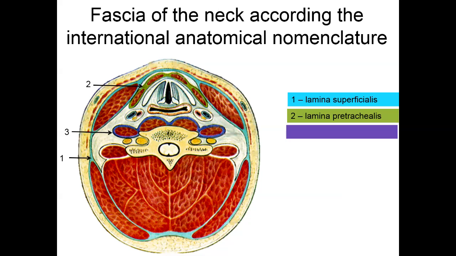And of pink or violet color, number 3, lamina prevertebralis. Only 3 laminae, only 3 fasciae.